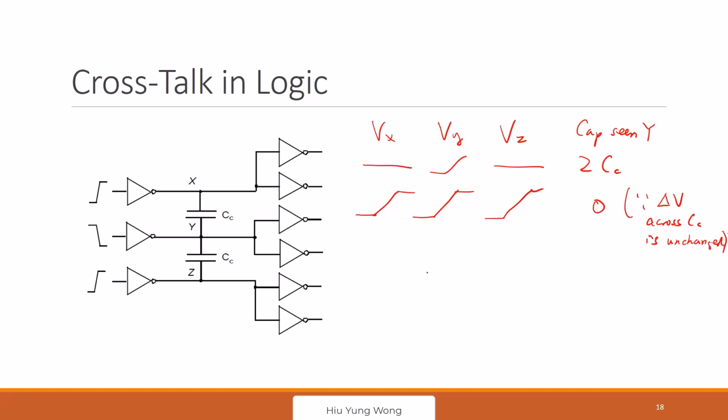And similarly, what if Vy is going up, but Vx is going down, and Vc is going down at the same time? Then you will see 4Cc, just due to the Miller effect, which we discussed before already. One goes up, another goes down, right? The voltage across it changed by 2V, but from Vy's perspective, it's only changing V. But you need to supply the charge to change 2V.